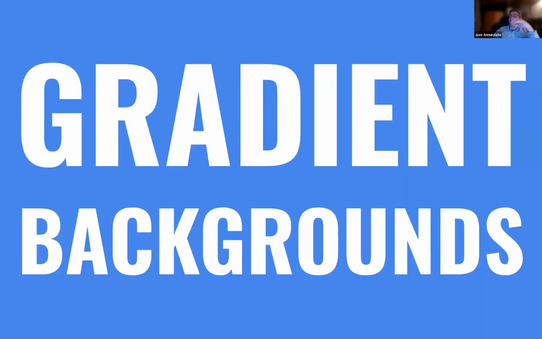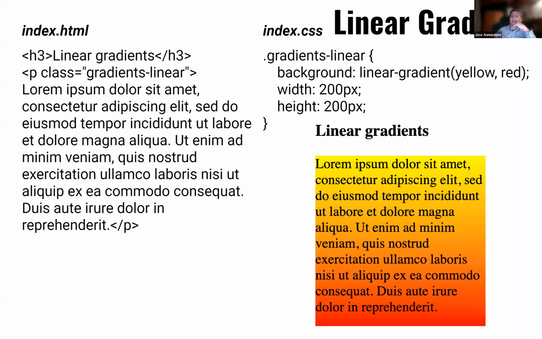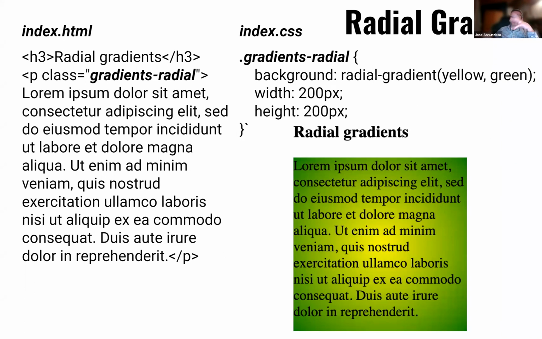Gradients allow you to paint colors that interpolate from a beginning to an ending color. Here are examples of interpolating from yellow to red, or from yellow to green, or from the center out, so it's radial.